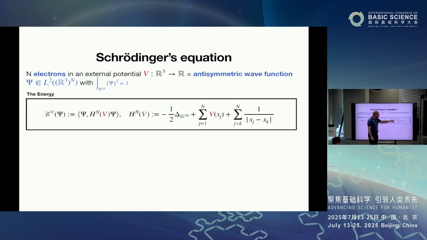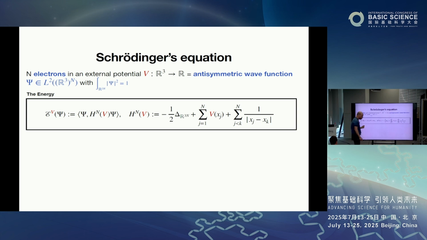This models the interaction between the nuclei and the electrons, and this gives you the electron-electron repulsion of your system. The main thing to remember here is that I am going to play with this N and also, at the same time, with the confining potential V.